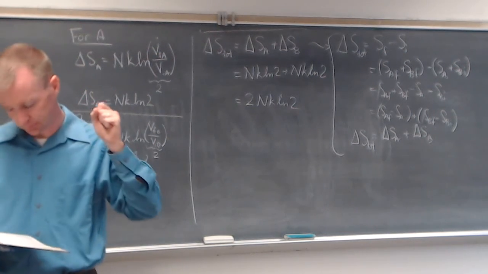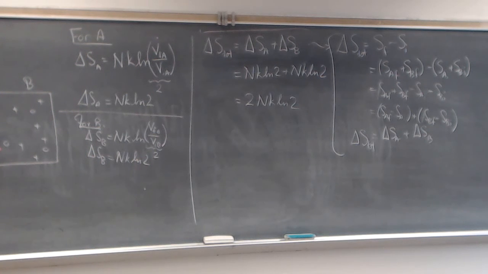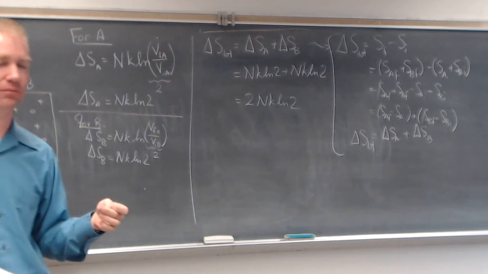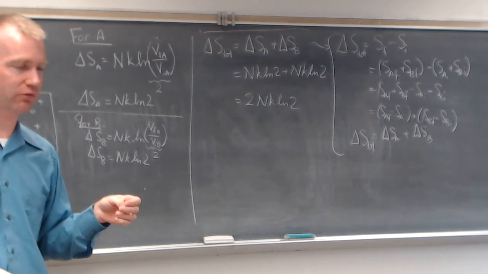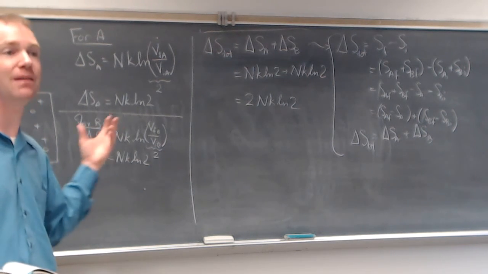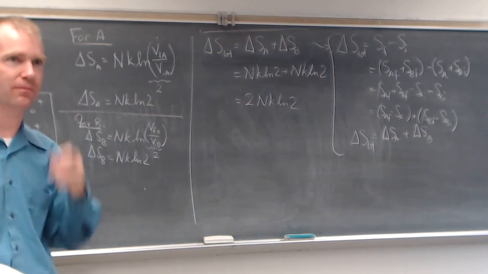Okay, but there's a little quirk to this. I had 2 different kinds of gases here, distinguishable particles. What if they were the same kind of gas? Would the entropy increase noticeably if I had the same gas on side A and side B, and then I remove the partition?